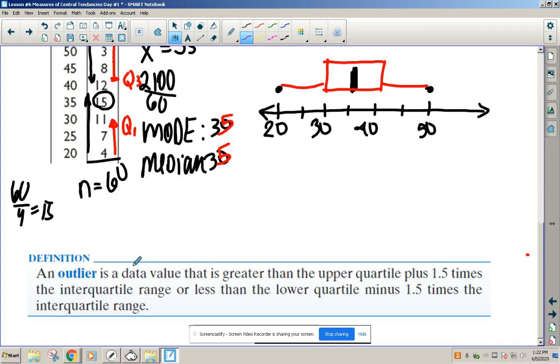So let's say you take a test in class, and let's say everybody fails the test. 19 kids fail the test, one person gets 100. Well, that one person is an outlier. Does that make sense? If it doesn't, you have to let me know. I'm not going to ask you to figure an outlier out, but an outlier is a piece of data that is so far away from the cluster of what most of the data is. We call it an outlier.